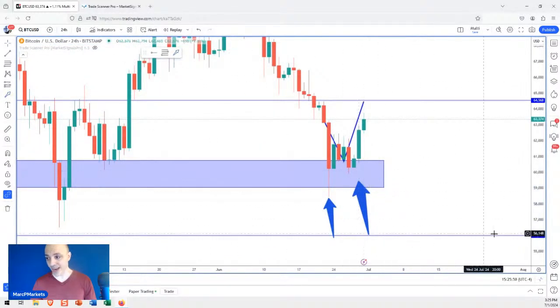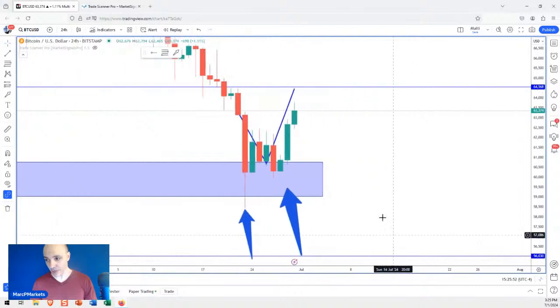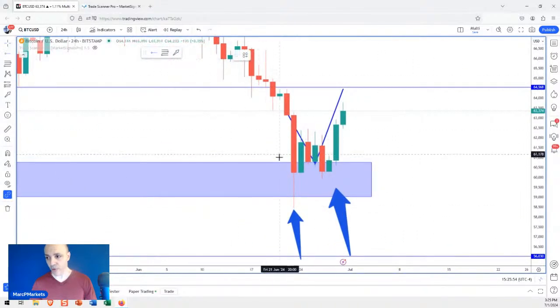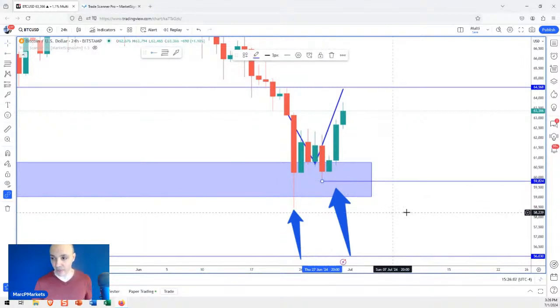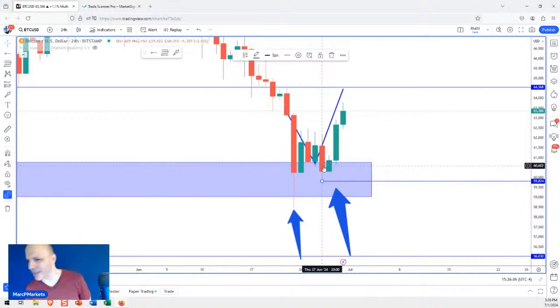One thing I just want to mention is what was the risk on this trade? The risk was very attractive because if I'm not using the TradeScanner Pro and I was going to assess the risk manually, the risk was around here somewhere, which was that double bottom, the second bottom, the low. Okay, so the risk was like what, 59, we'll say 59,850 area, something like that.